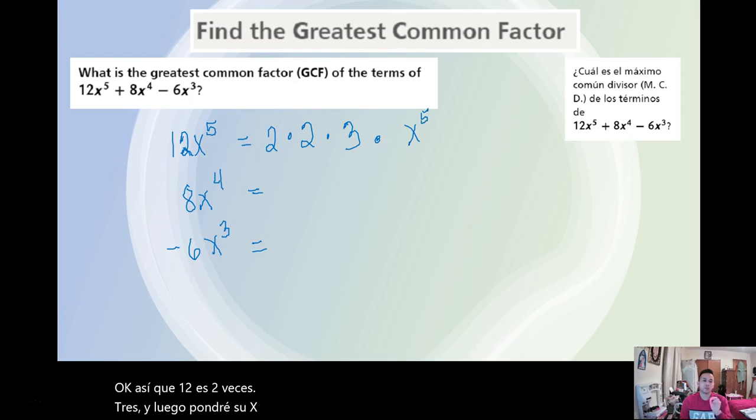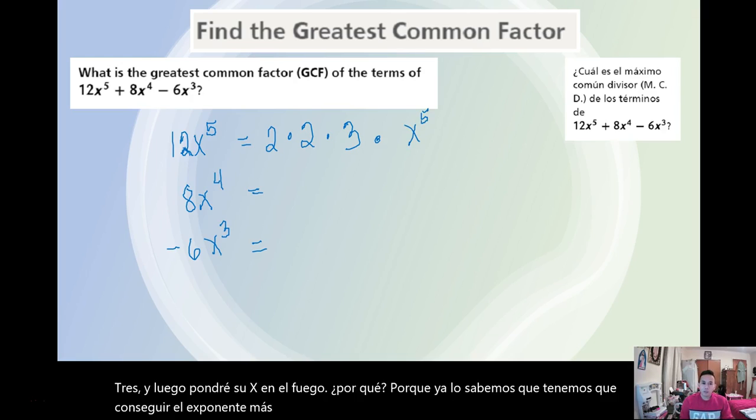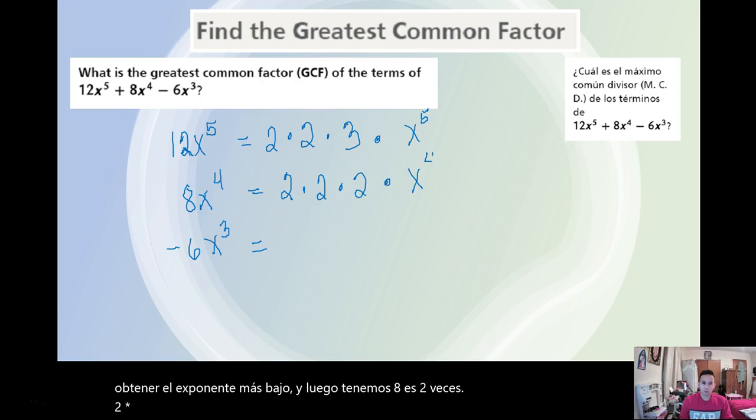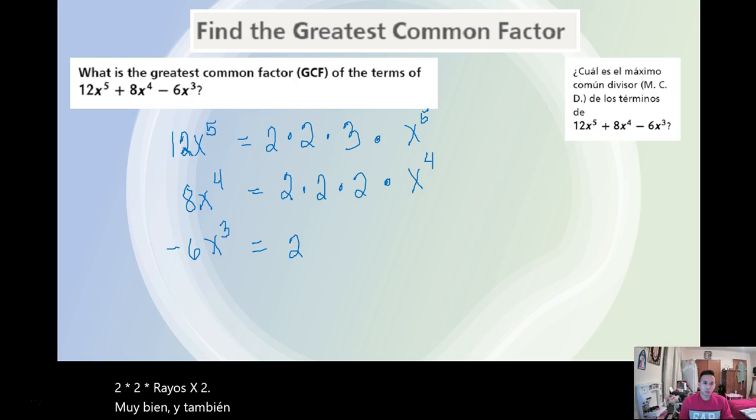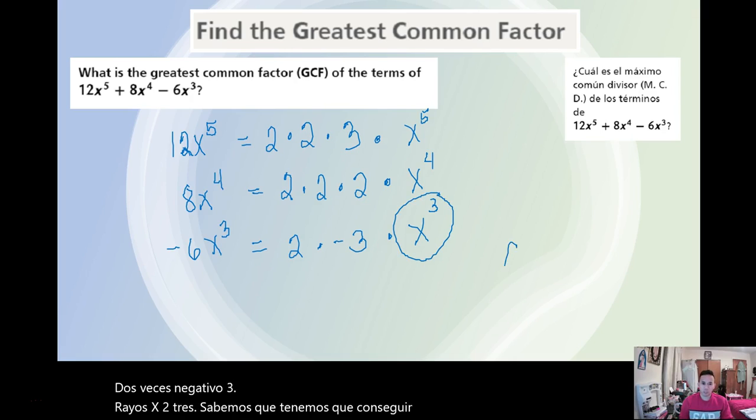Why? Because we know already that we have to get the lowest exponent. And then 8 is 2 times 2 times 2 times x raised to the fourth. And 6 is 2 times negative 3 times x raised to 3. We know that we have to get x cubed as a part of the GCF.